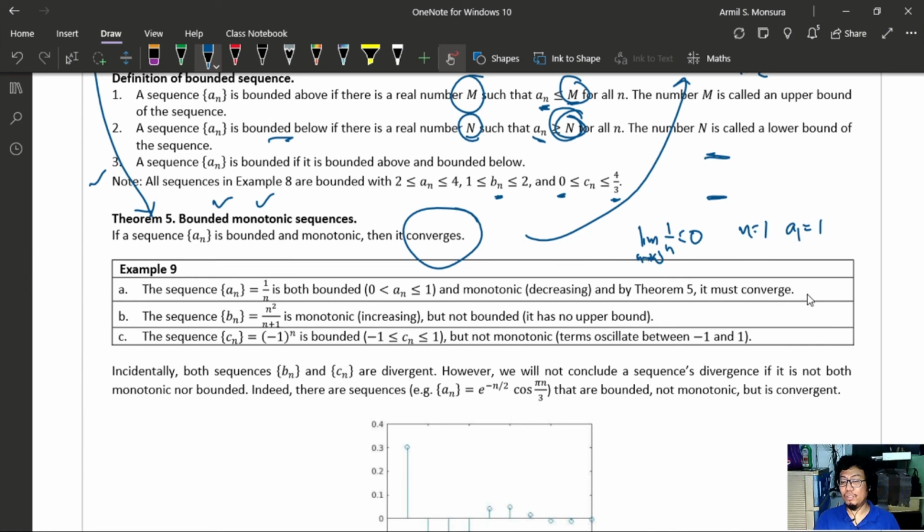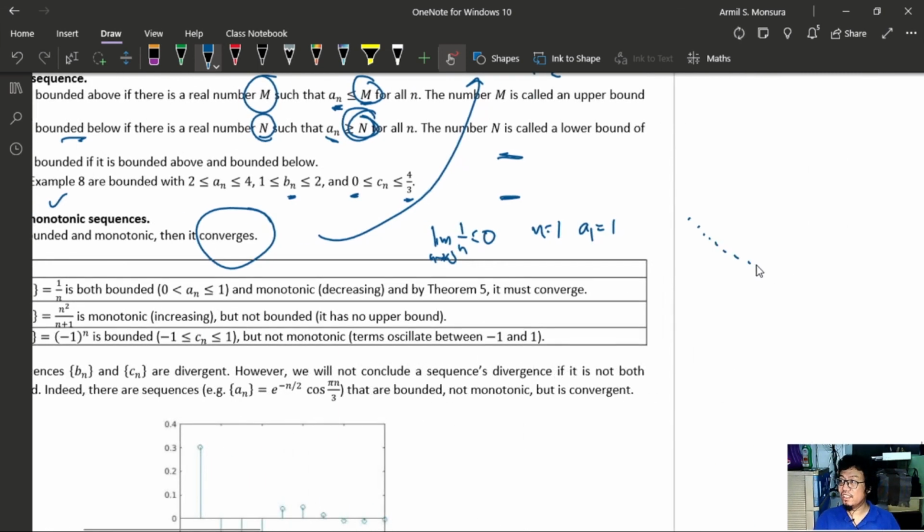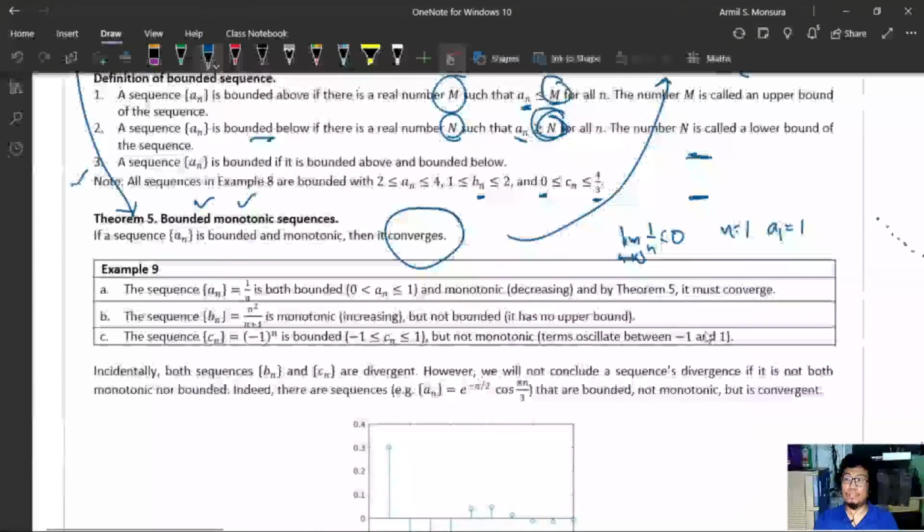So your sequence is between 0 and 1. So it's bounded. Now, generally, 1 over n is decreasing. If you find the behavior of the terms, it's actually decreasing, such as this one. So it's both bounded and monotonic. Therefore, we say that the sequence 1 over n is convergent.